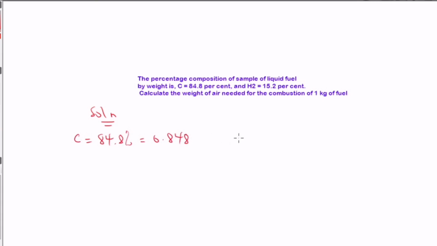We have our hydrogen gas to be 15.2%, which is equal to 0.152 kilogram. And in this case, we are supposed to find the weight of air, right? Find the weight of air.